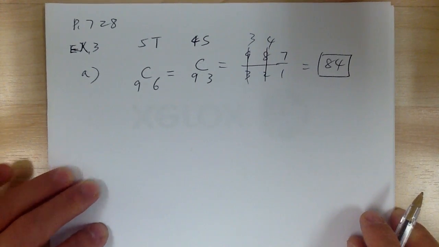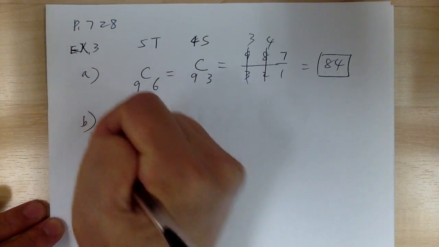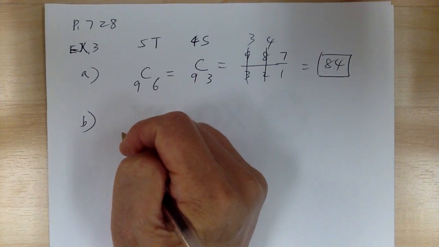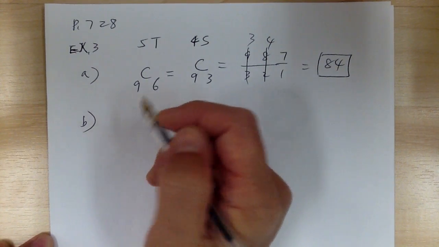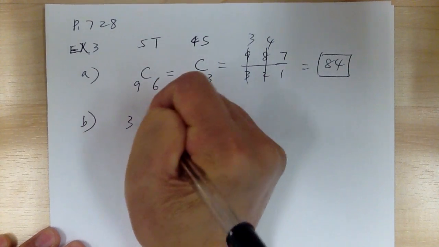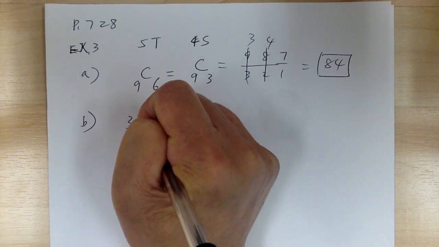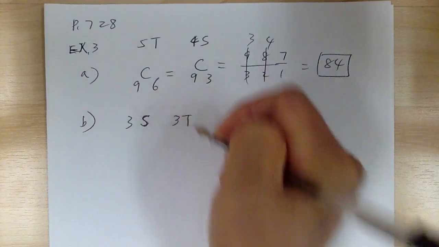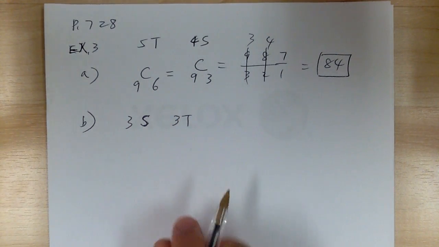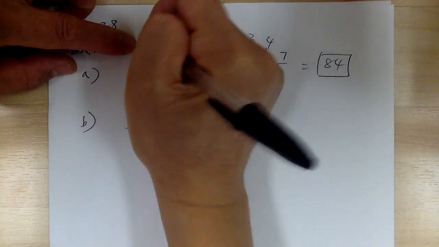Now let's go to B. The committee must include 3 students and 3 teachers. So you want to get 3 students and 3 teachers. So now there's a restriction, right?